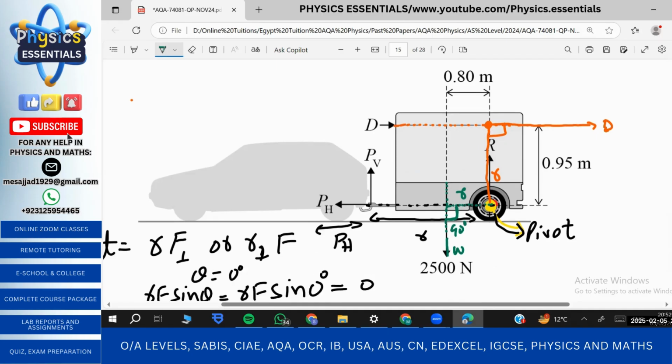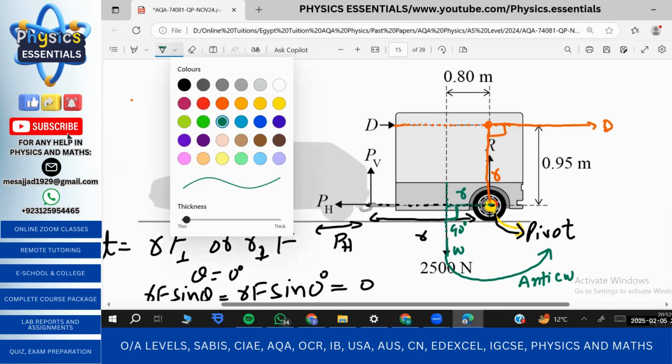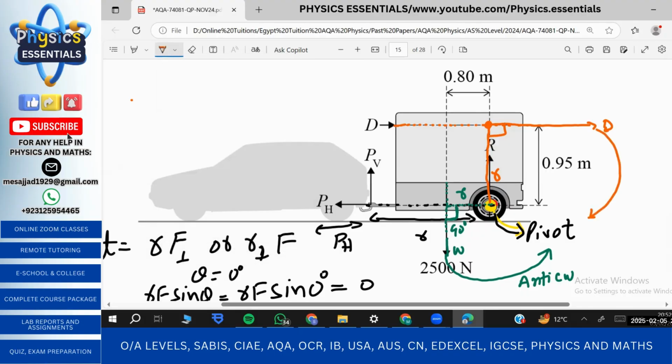So how do we know? This weight has to be turned towards the pivot and like that. So it is anti-clockwise. And for D, how do we know? Just shift that towards the pivot. So it is clockwise. Yeah, clockwise. So you will write like that.